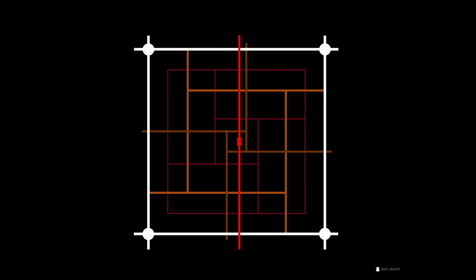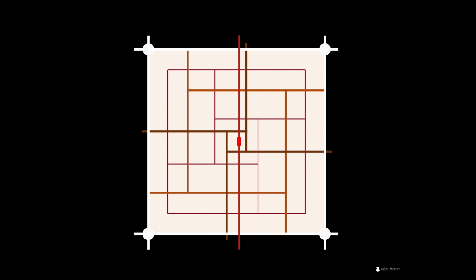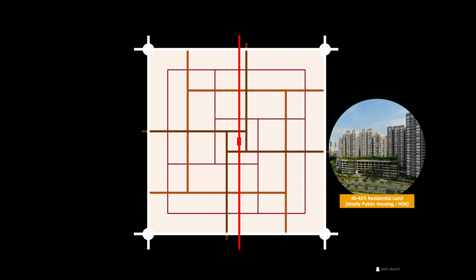On land use, about 40 to 45% of the land is allocated for residential use, mostly for high-density public housing or HDB. More or less 10% is allocated for light industrial use, which is located along the town's boundary adjacent to the expressway.